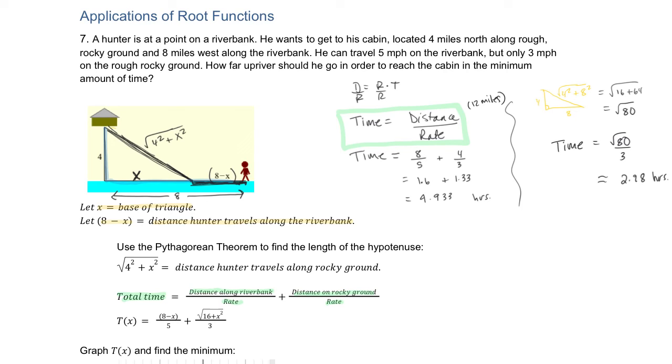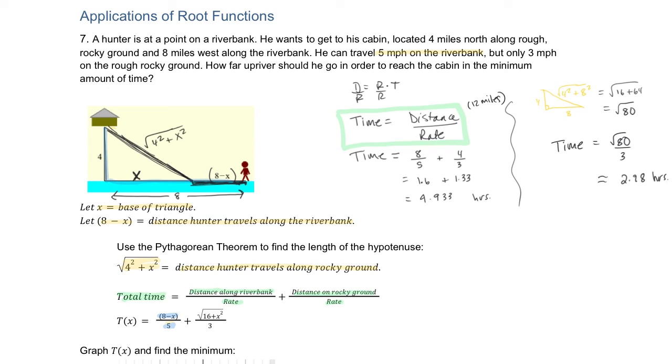Now we use the Pythagorean theorem to find the distance he goes on rocky ground, and we plug those in. The distance on the riverbank is 8 minus x, and his rate on the riverbank is 5 miles an hour. I'll do those in blue because that's on the river.